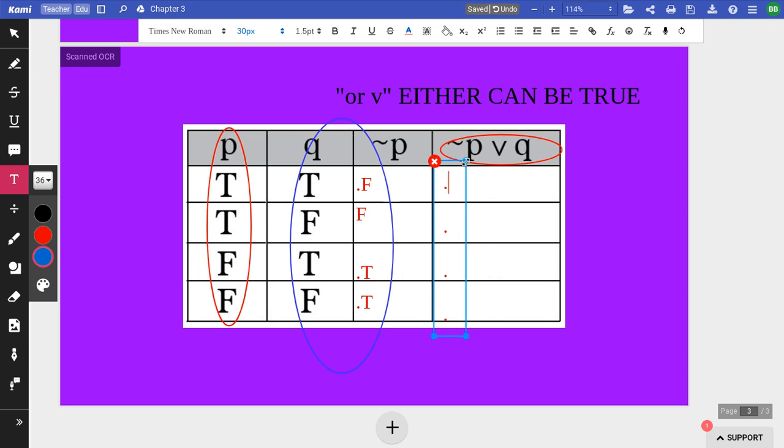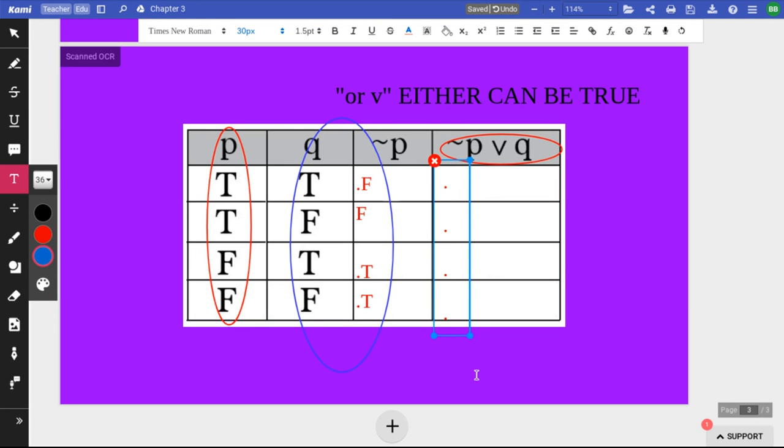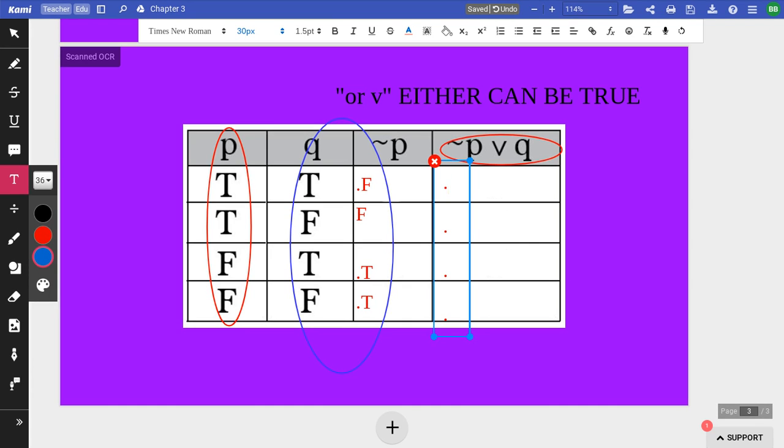Okay, so not P is false or Q is true. You're going to look at, are either of these, this is an or statement, are either of these true? Yes, therefore the statement is true.